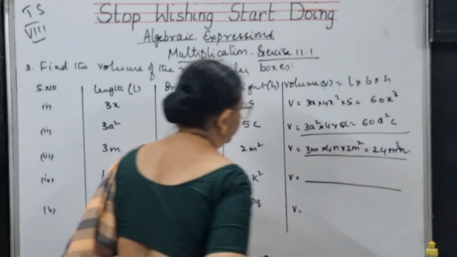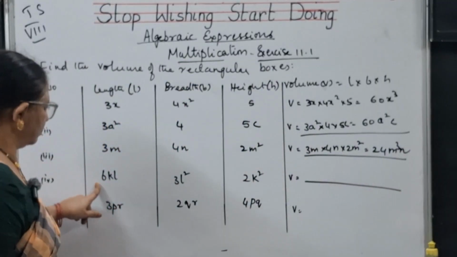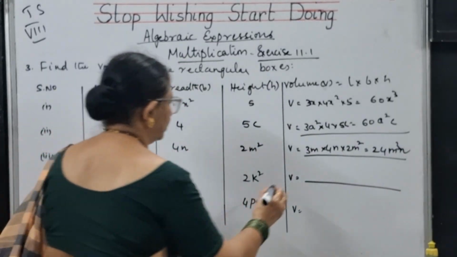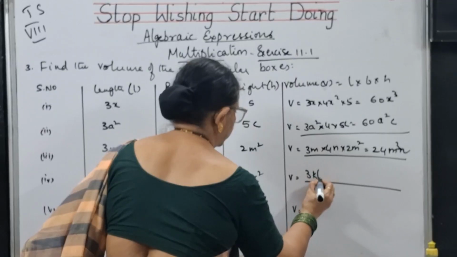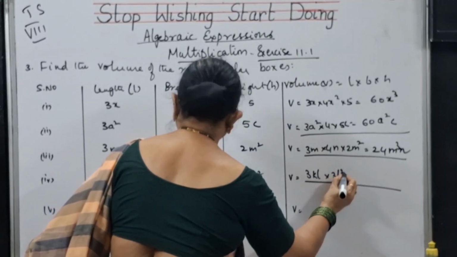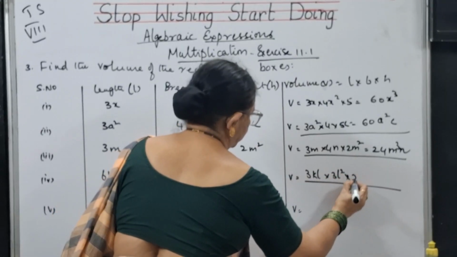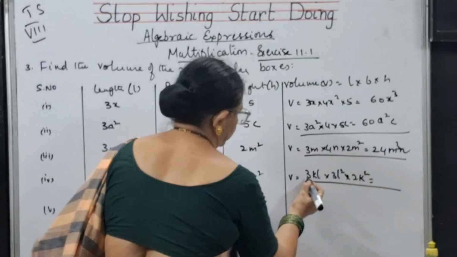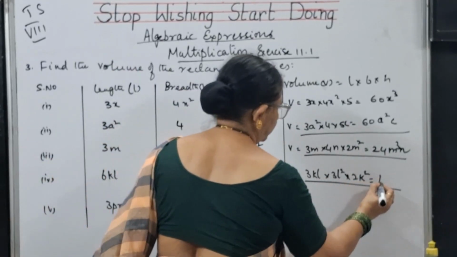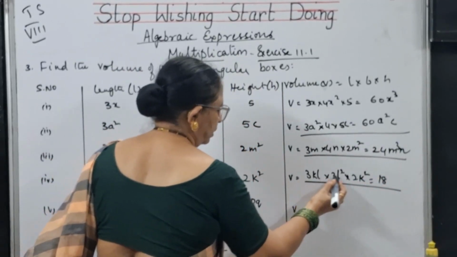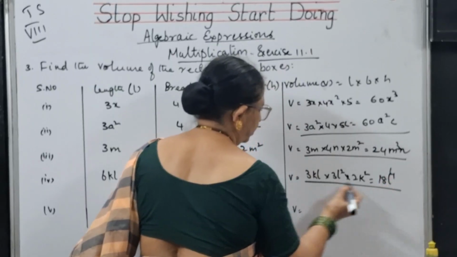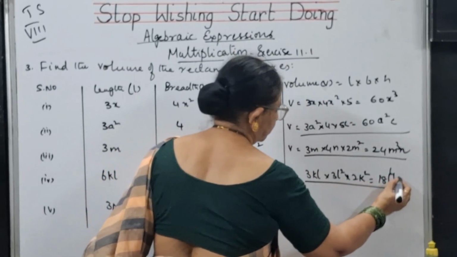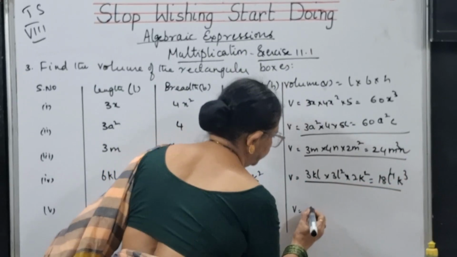Now fourth bit, 6kl into 3l square into 3l square into 2k square. 3 3s are 9, 9 2s are 18, l to the power of 4, k into k square, k cube.